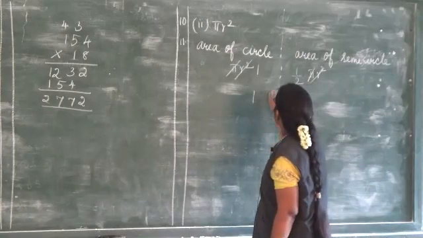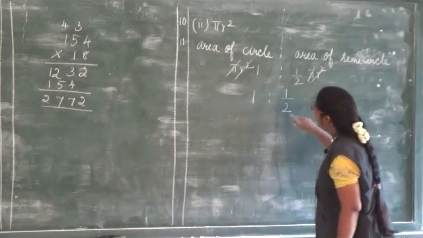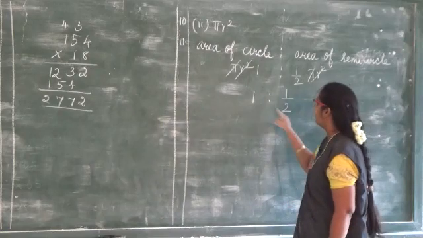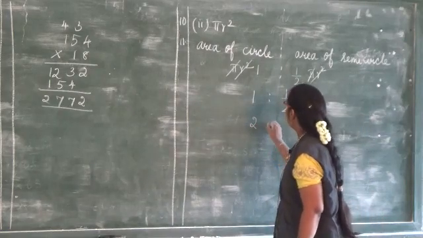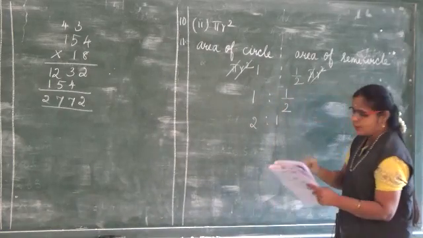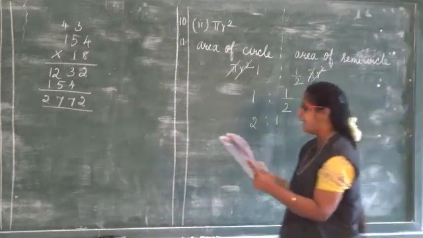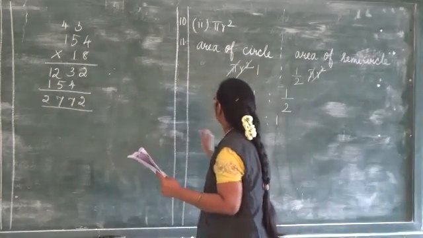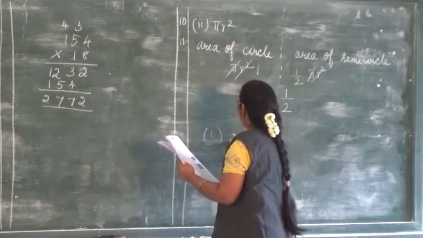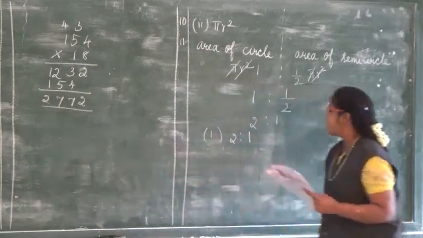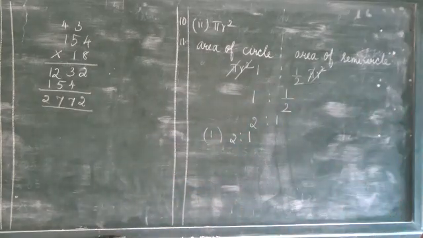So 1 is to 1 by 2. If you cross multiply, you will get 2 is to 1. So option 1, 2 is to 1, is the correct answer.